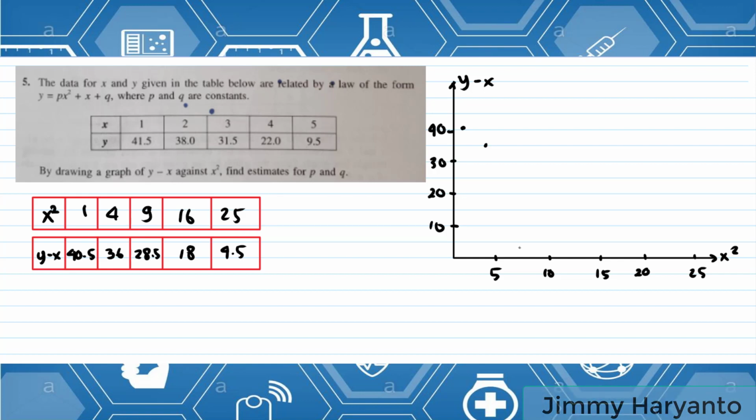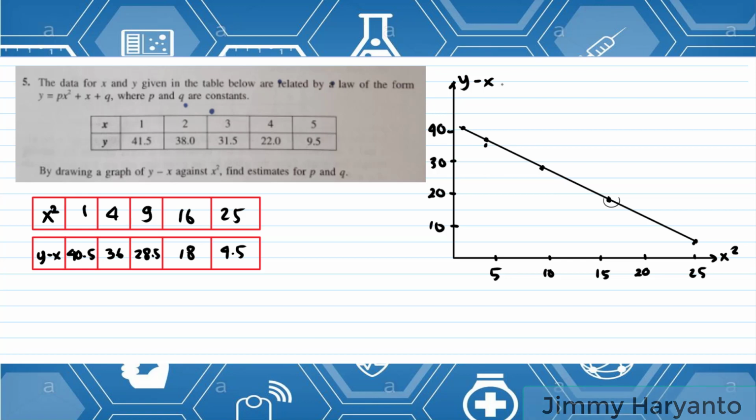And then 9 and 28.5, and then 16, 18, and then 25 and 4.5 right here. Okay, and therefore we will get a straight line. Oh, I made a mistake for the 16. Before it was right here, so I moved it to right here. 16 is supposed to be at the rate of 15.